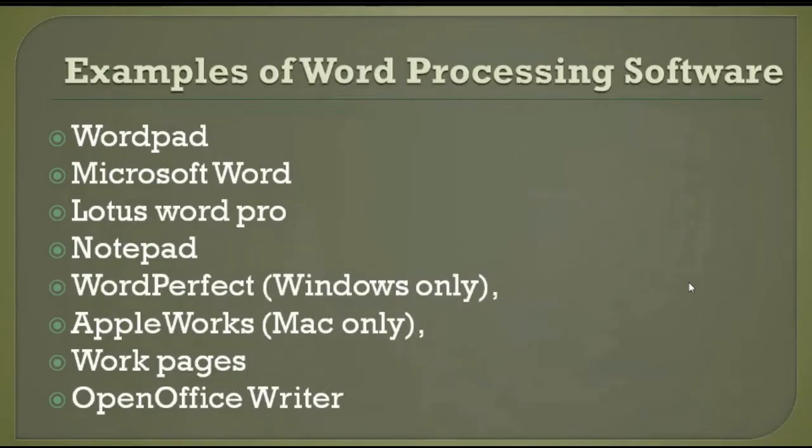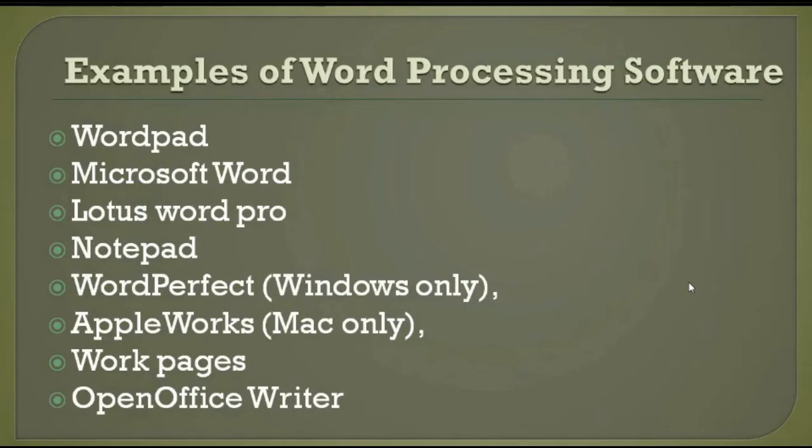So what are the word processing software available? Here are some examples: WordPad, Microsoft Word, Lotus Word Pro, Notepad, WordPerfect, AppleWorks, Pages, OpenOffice Writer. AppleWorks is only for Apple computers. That is, the acceptable OS is the Macintosh operating system only.